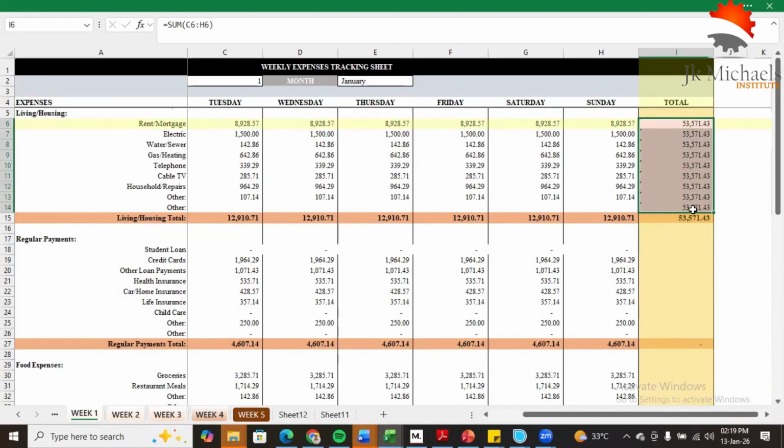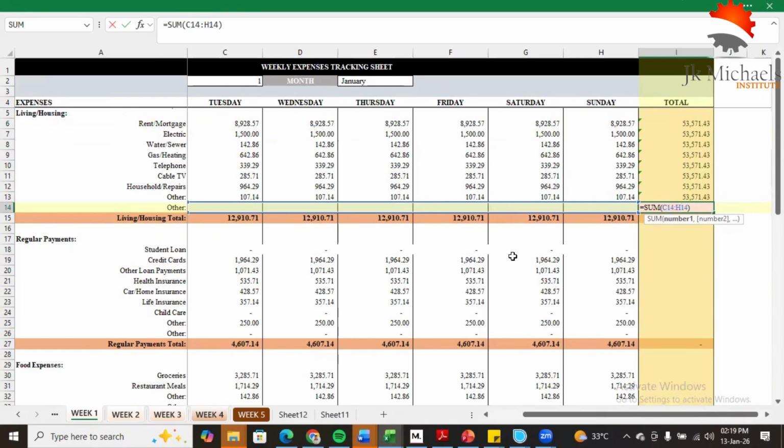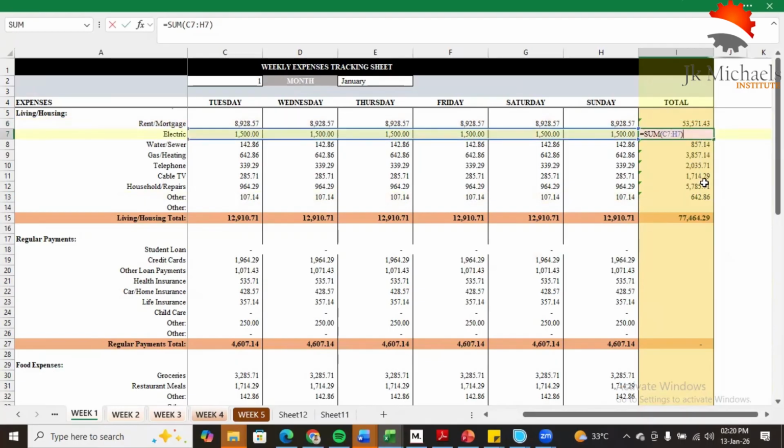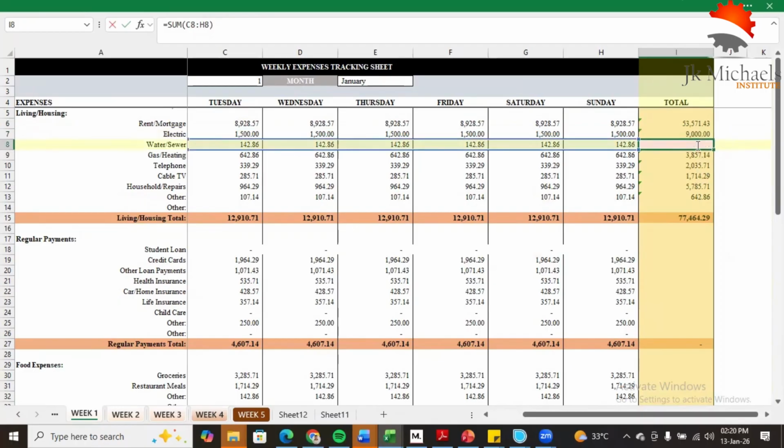And then when we add all of these up, okay, now there's a bit of a problem here. Okay, so it's worked it out. 9,000, which is the sum of this. Okay. Sum of this. All right.